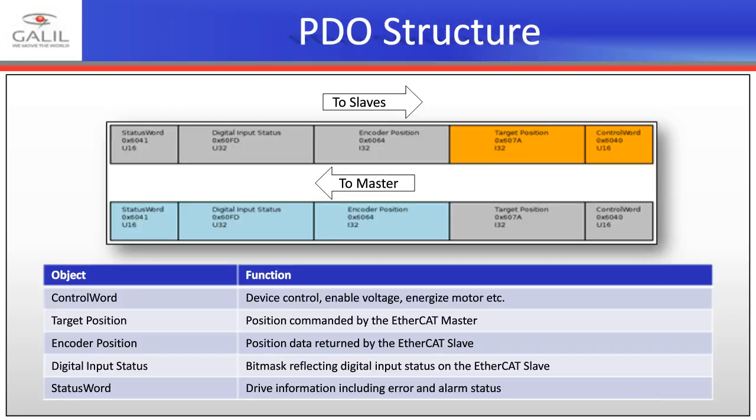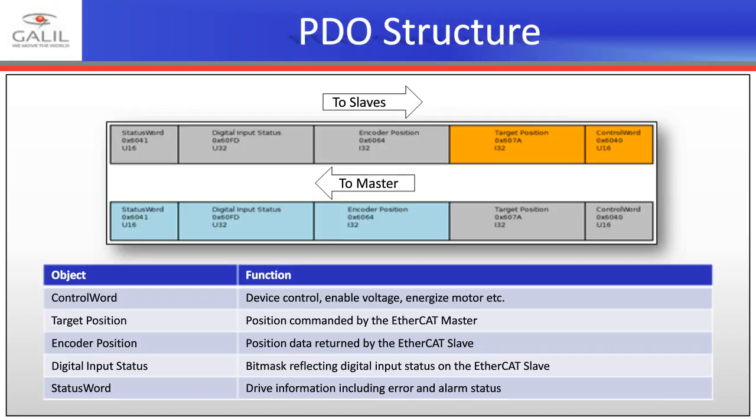So the PDO that goes out, the first two fields there are received by the drive, and the drive then places 3 pieces of information in that PDO. Interestingly, the drive or the EtherCAT slave does not change the size of the packet at all. When the packet first comes out from the master and goes to the slaves, the encoder position, digital input status, and status word fields are all filled with zeros, just placeholders.